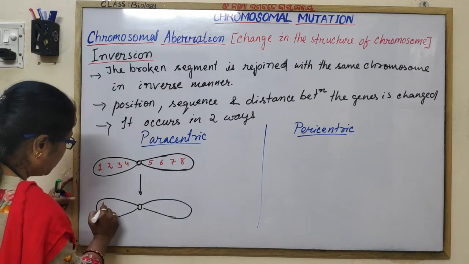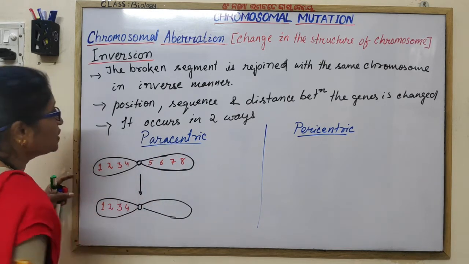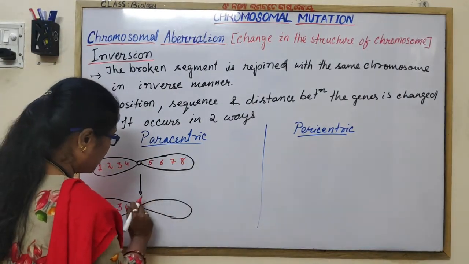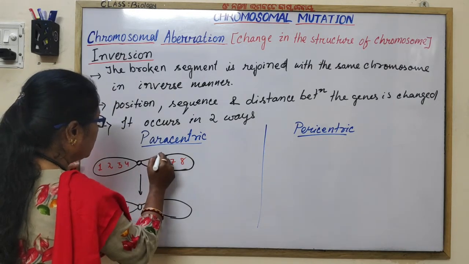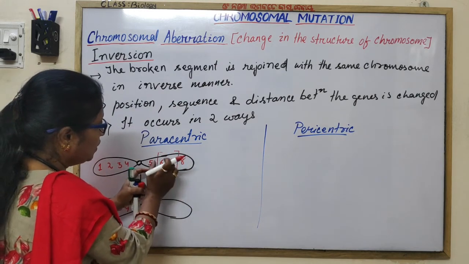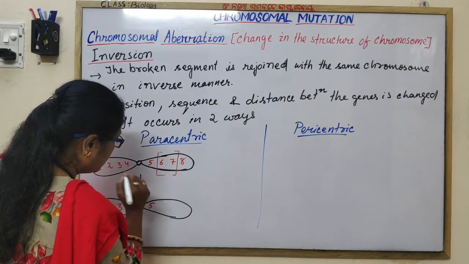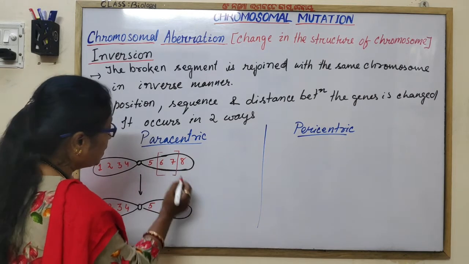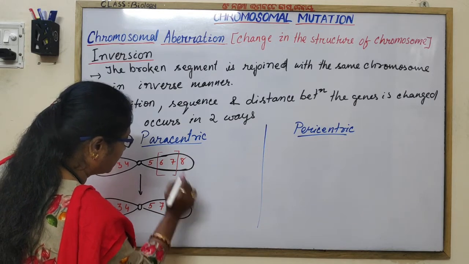Generally, in paracentric, inversion of a segment occurs in one arm. Suppose this much segment is inverted and attached to the same place. So what will happen? The sequence will change. Instead of 5, 6, 7, 8, it will become 5, 7, 6, 8.